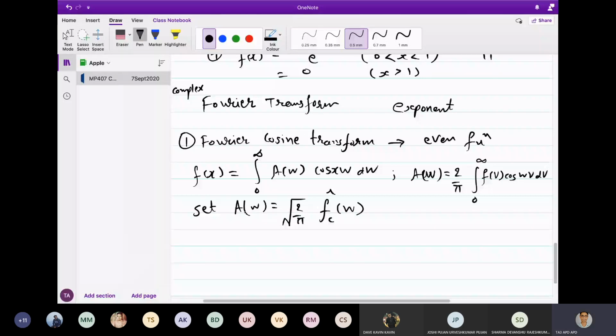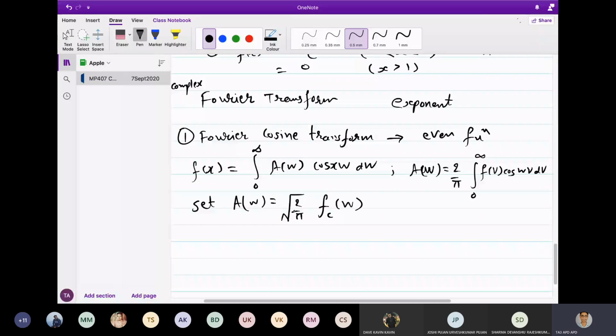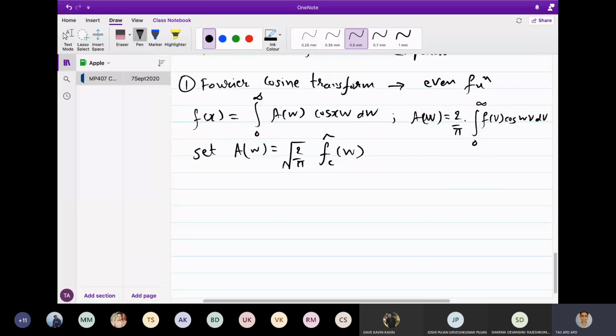We set this coefficient to be equal to this in this particular equation, and when you substitute this value, because this is 2 by pi, if you write it as under root 2 by pi into under root 2 by pi, one under root 2 by pi will get cancelled. That will give you the format of f hat is equal to 1 under root 2 by pi left with you on the right hand side, and the remaining integral remains as it is.